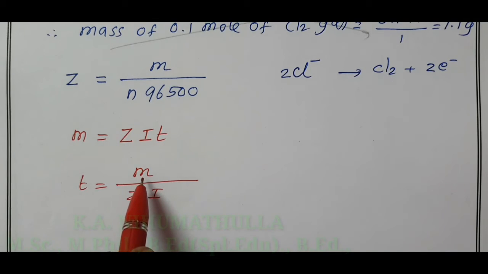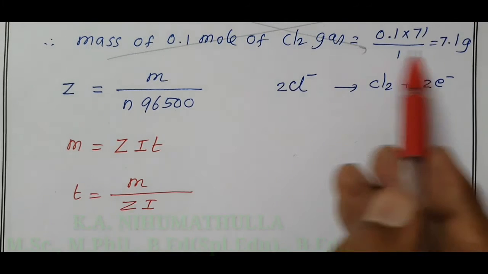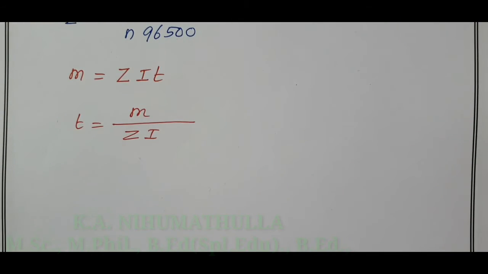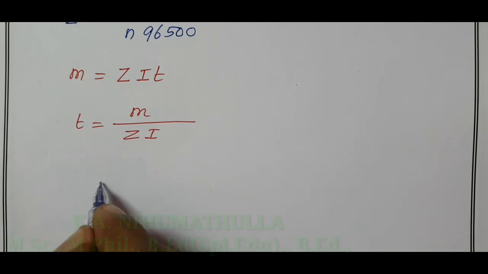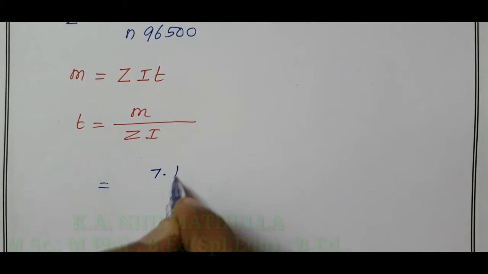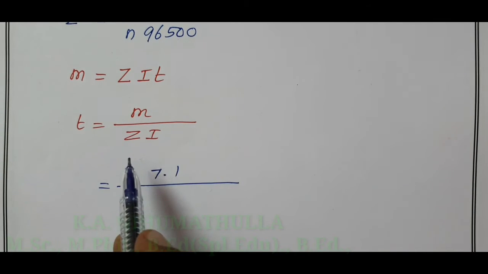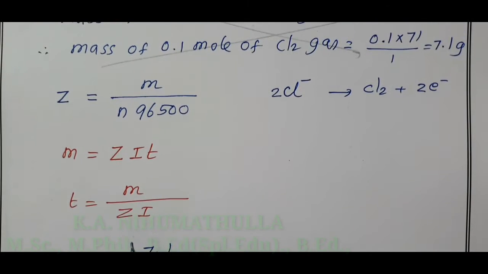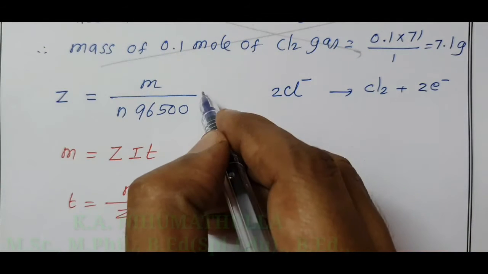What is the mass of 0.1 mole of chlorine? 7.1. Therefore, the numerator is 7.1 divided by, what is Z? Just now we have calculated it, and now I am going to substitute all the values here.